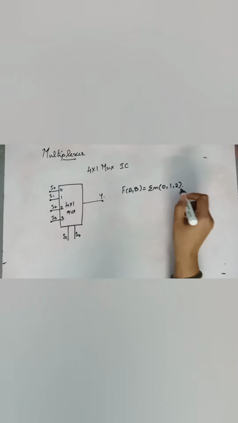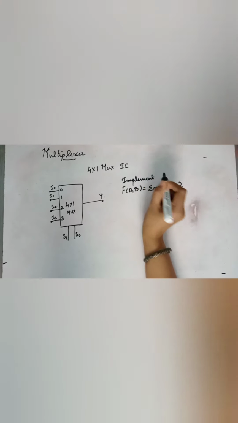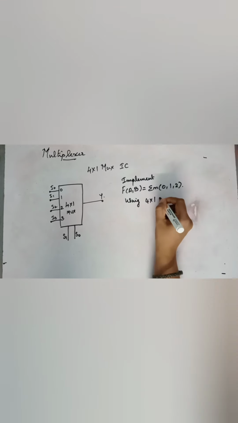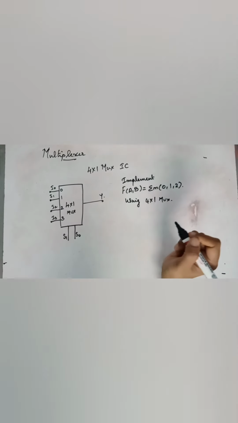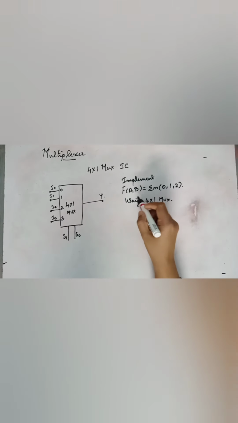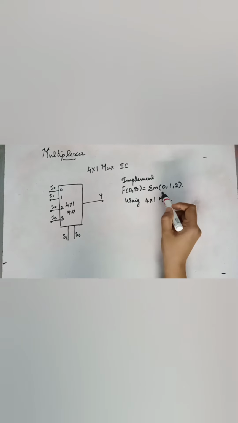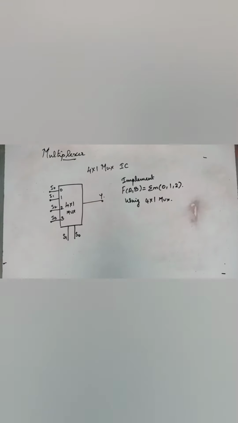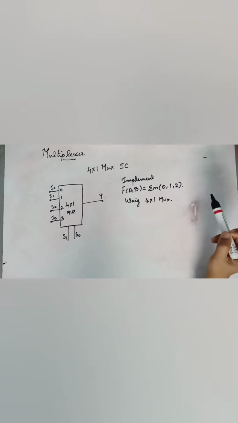I want to implement this function using a 4 by 1 mux. This is my question. So what does this particular equation mean? This equation means that if my input is 0, then my output is 1. If my input is 1, then my output is 1. And if my input is 2, then my output is 1.